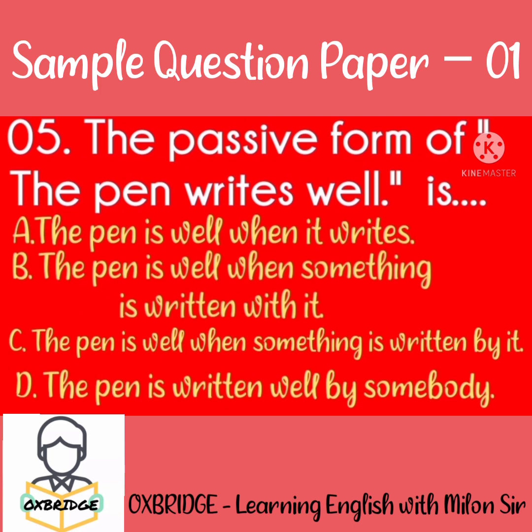Then option B, the pen is well when something is written with it. And option C, the pen is well when something is written by it. Then the last option, option D, the pen is written well by somebody. Dear guys, I think that you have already understood which one is right. Option B is right. The pen is well when something is written with it.